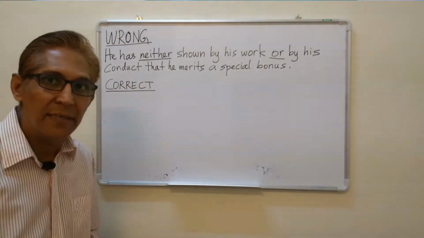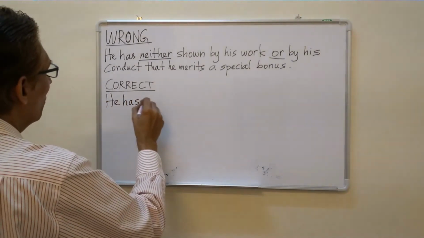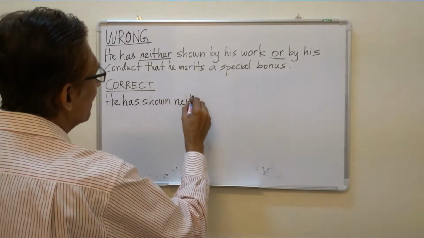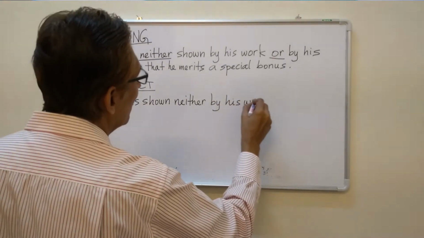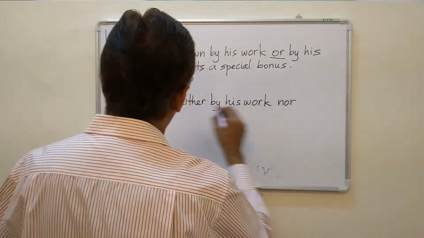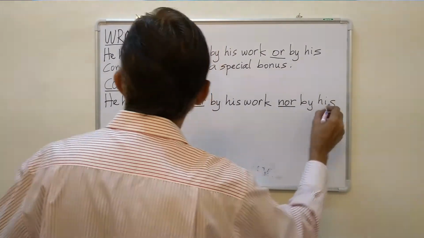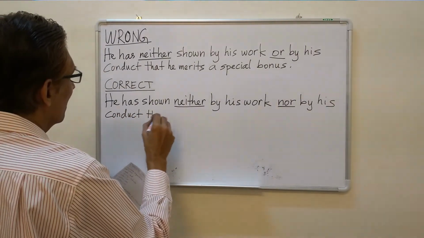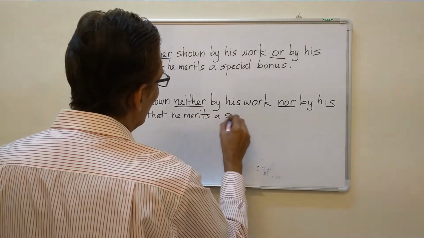Now this sentence can be corrected in this manner: he has shown neither by his work nor by his conduct that he merits a special bonus.